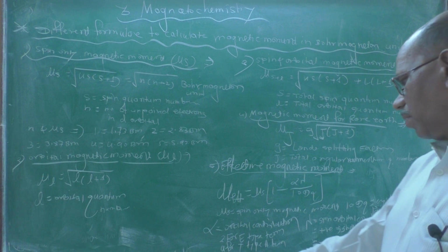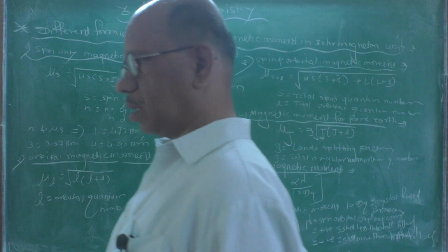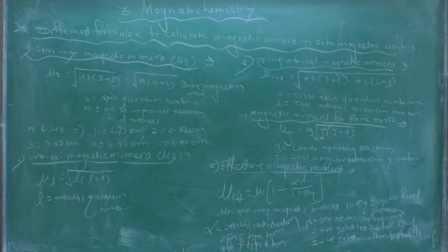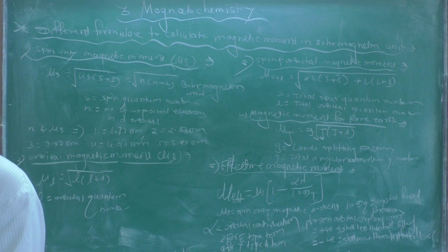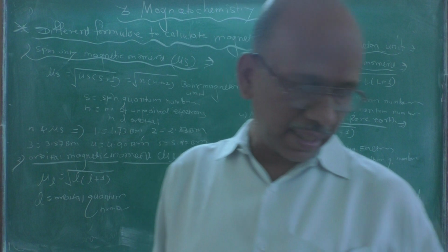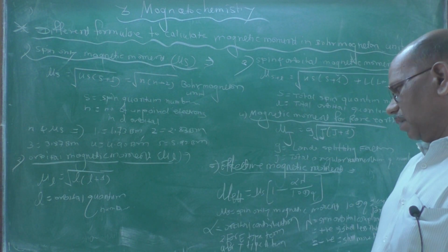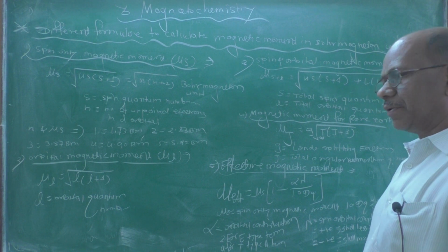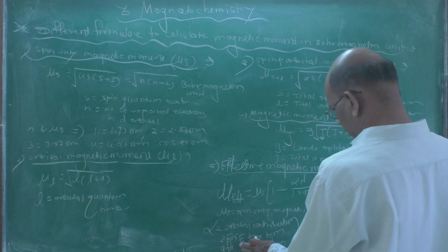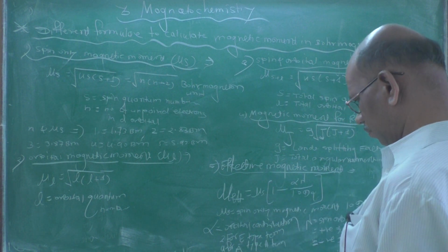If T type of ground term is there, the value of alpha is 4. So I have to decide whether it is E type or T type of ground term, and depending upon that we can find out the value.